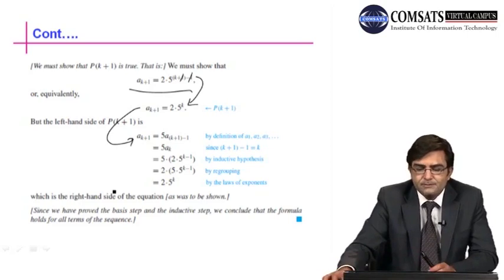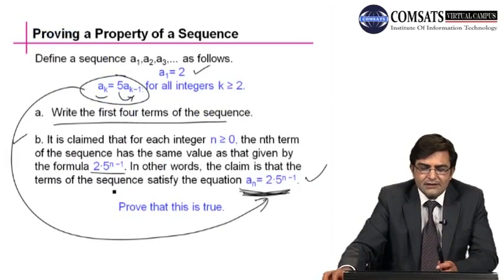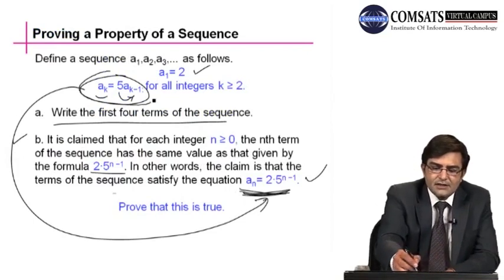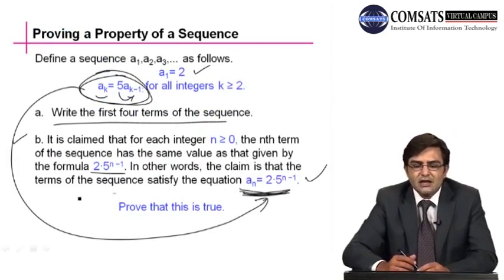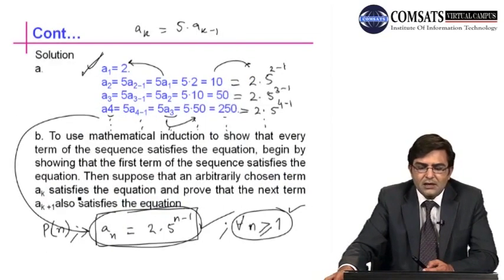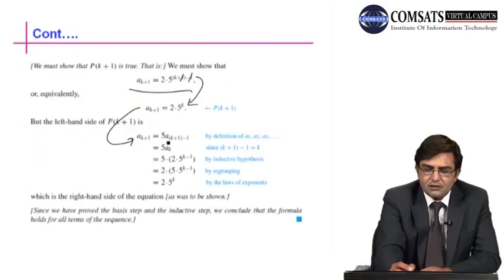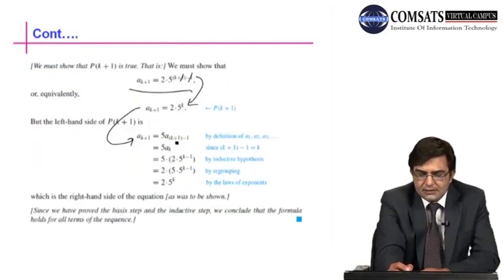By the definition of this sequence given at the start, ak is equal to 5 into ak minus 1. So we can write ak plus 1 is equal to 5 into a sub k plus 1 minus 1. Here 1 is cancelled with 1, we have 5 into ak.